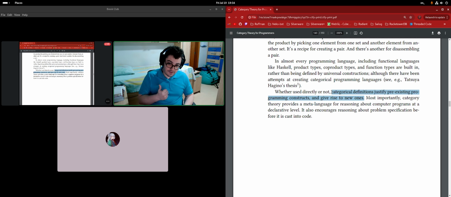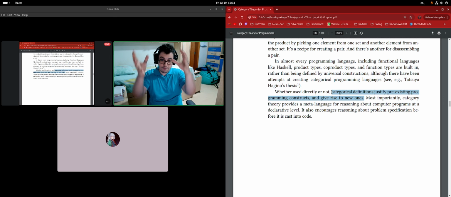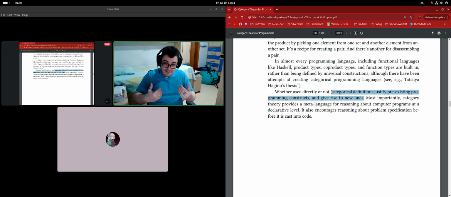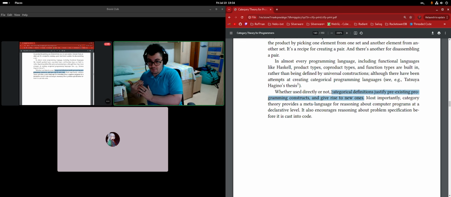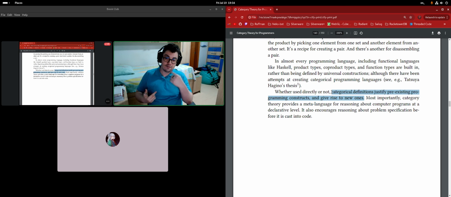So first point is you may have an easier time mapping the problem in categorical terms, solving it, and then moving it back to the implementation domain. And there is also the second part, which is to give rise to new ones. What if we discover things in categorical terms that are very useful?